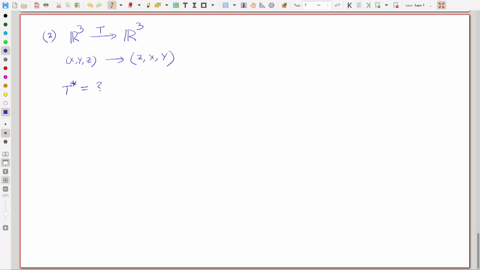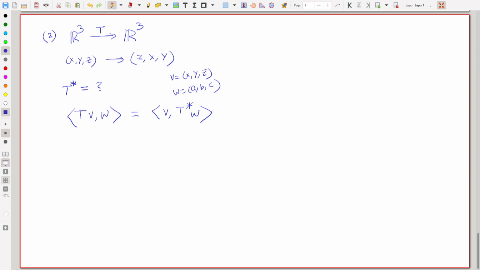Let's just do this using the definition itself. What is T star? By definition, <Tv, w> should give me <v, T star w>. So if I take v as my xyz, for example, and w as some abc, what is <Tv, w>?